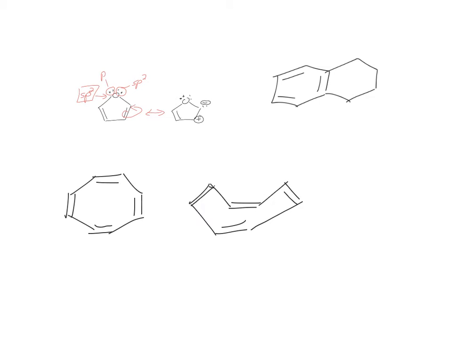Because having an uninterrupted pi system makes me anti-aromatic, and I don't want to be anti-aromatic. So I'm going to be puckered, and get myself into a conformation such that my p orbitals no longer all line up. And now this becomes non-aromatic. So it's trying to avoid being anti-aromatic.